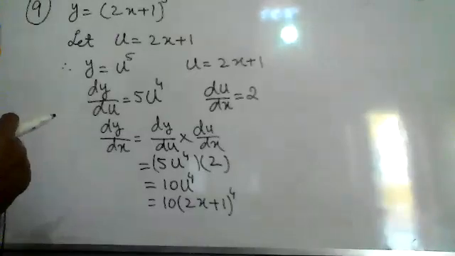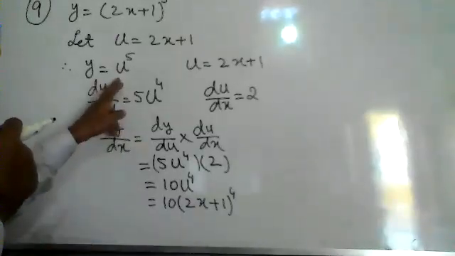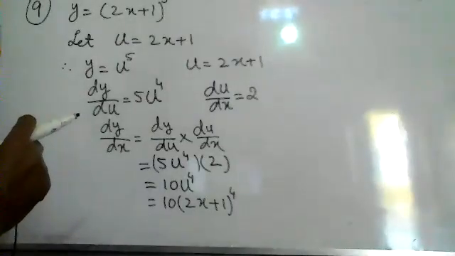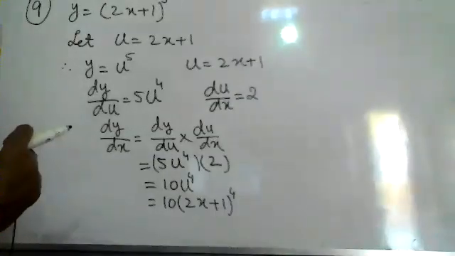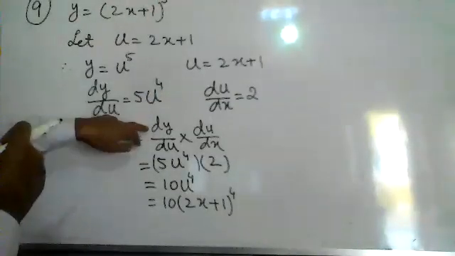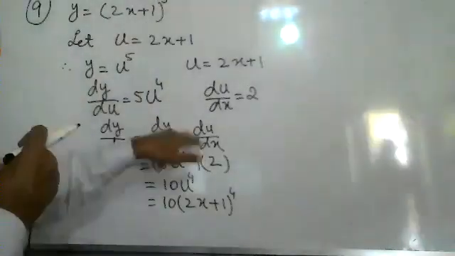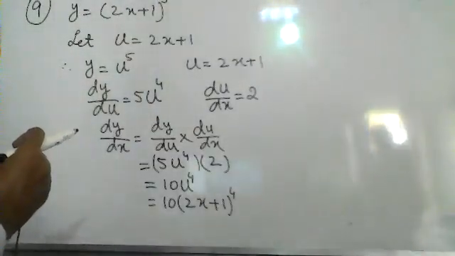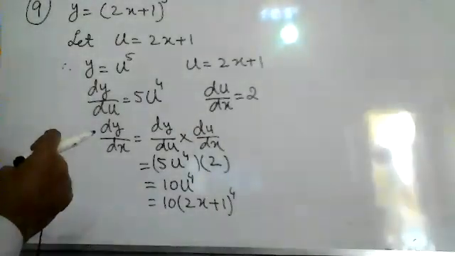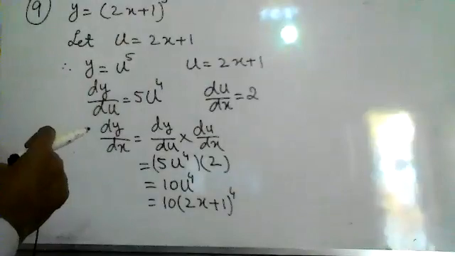Don't think chain rule is only when u is separate, y is a function of u and u is a function of x. No. Chain rule means first we find the derivative of this one, then we find the derivative of what is inside. This is the chain rule. Derivative, again derivative, again derivative, and so on.